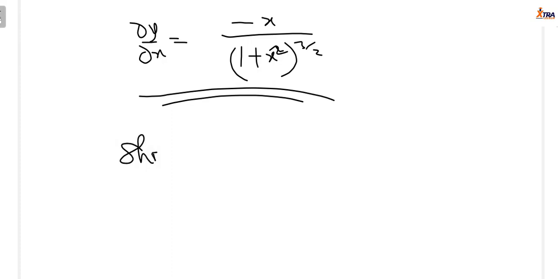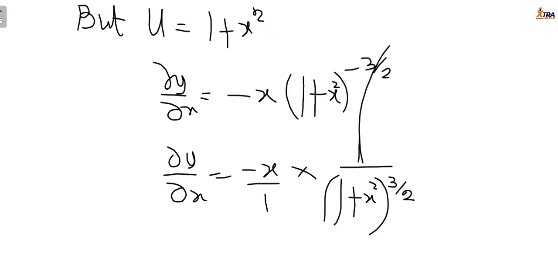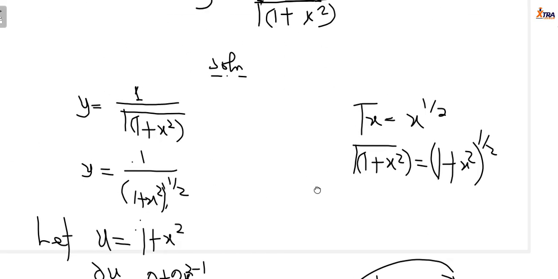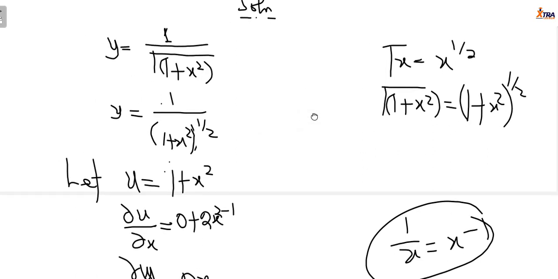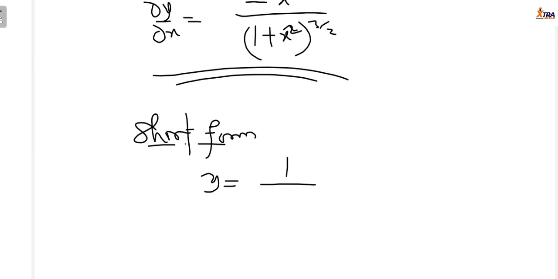Now let's look at the short form. So the short form, we have the question to be y equals 1 over root of 1 plus x to the power 2.